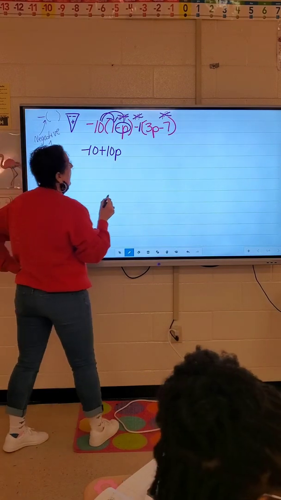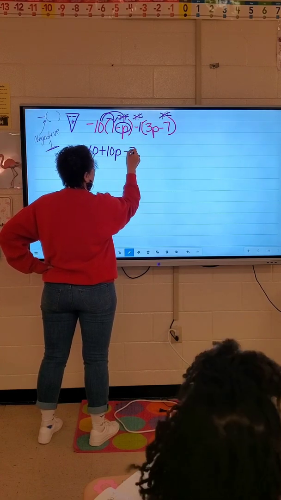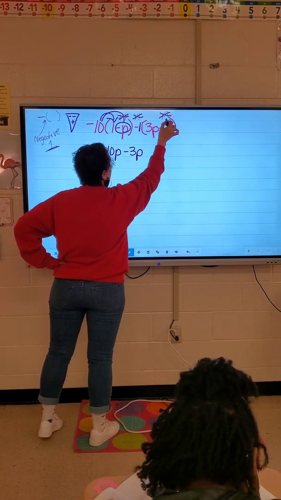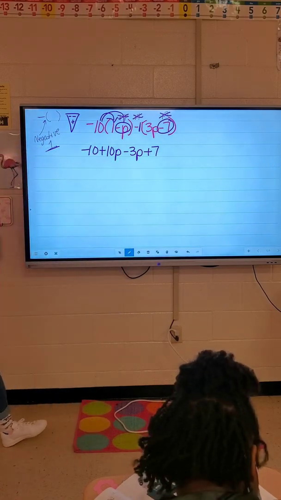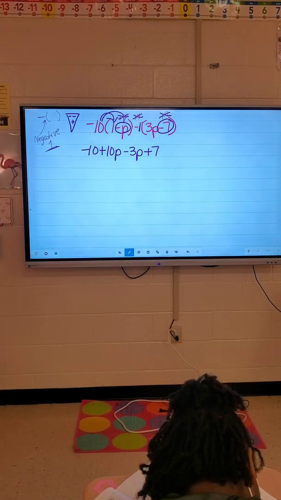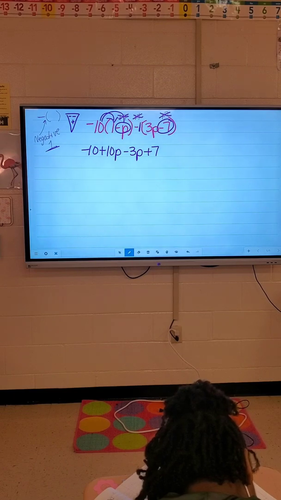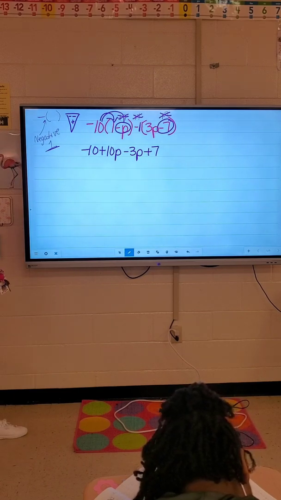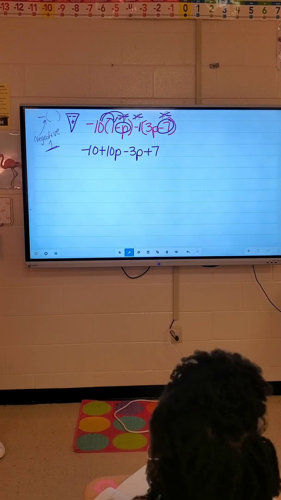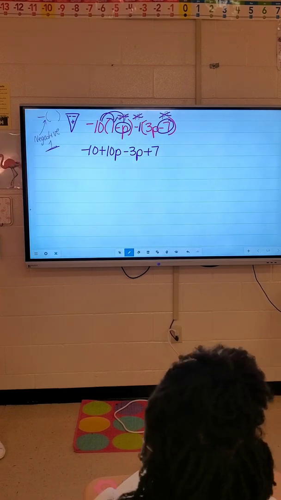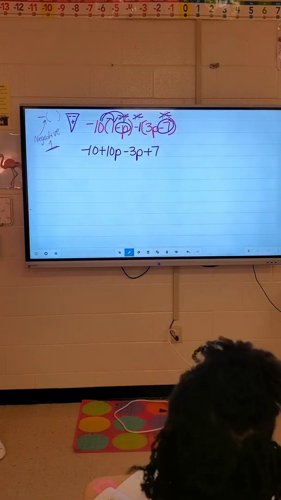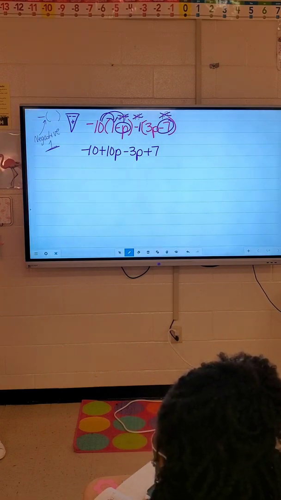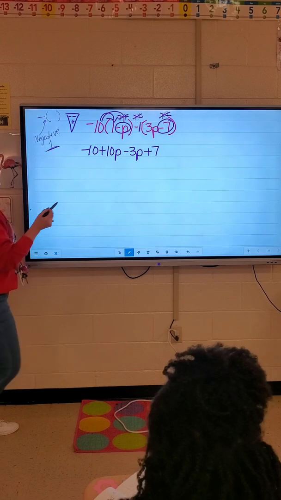Negative 1 times 3P is a negative 3P. And negative 1 times a negative 7 is plus 7. Signs are critical when you're doing this because it's going to mess you up in the end. You're going to get the wrong expression. Your expression may be right with the wrong signs. Does that make sense? All right.